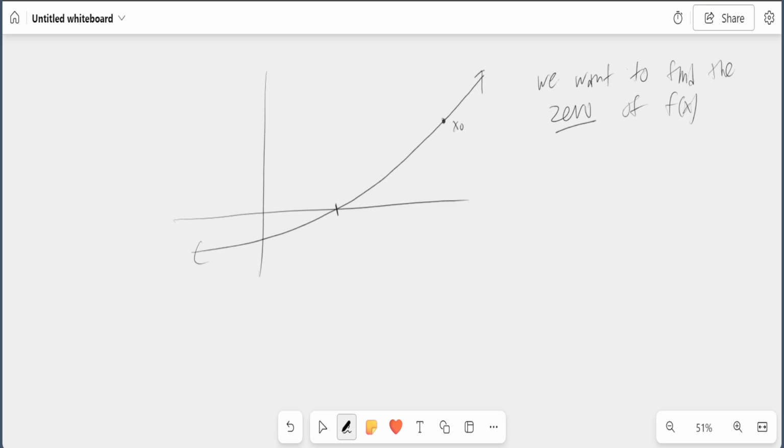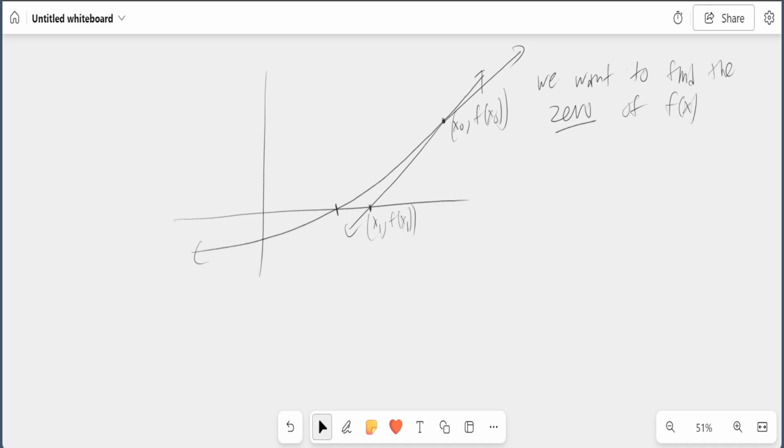And then we want f of x0, right? That's the other part of this point. And then if we make a line out of this, this point over here is our second approximation, which we call x1, f of x1.